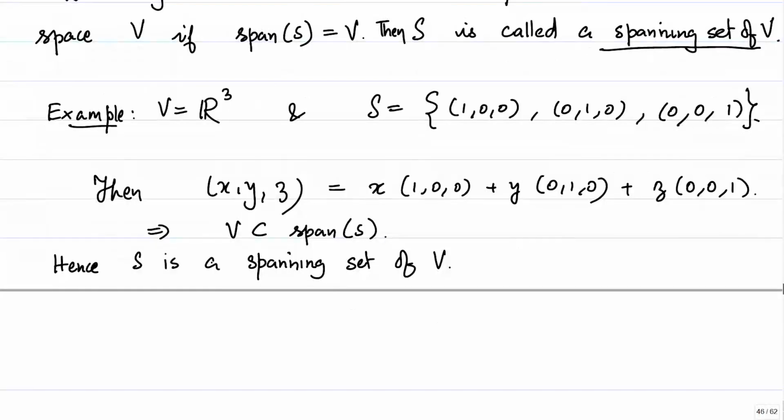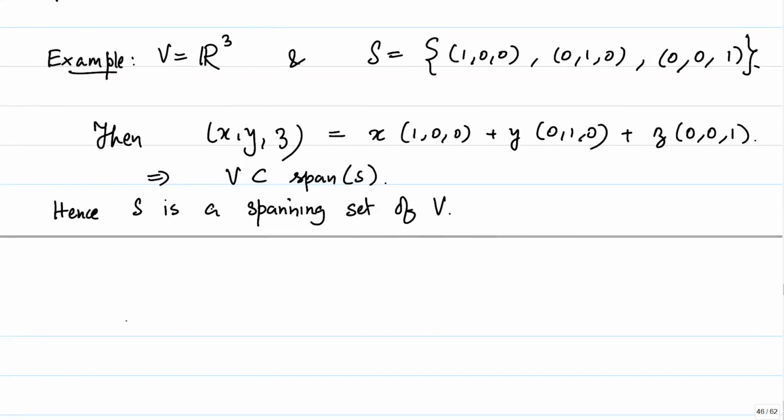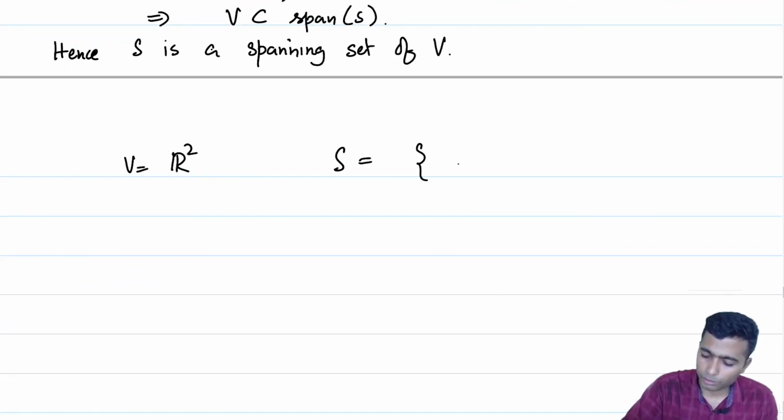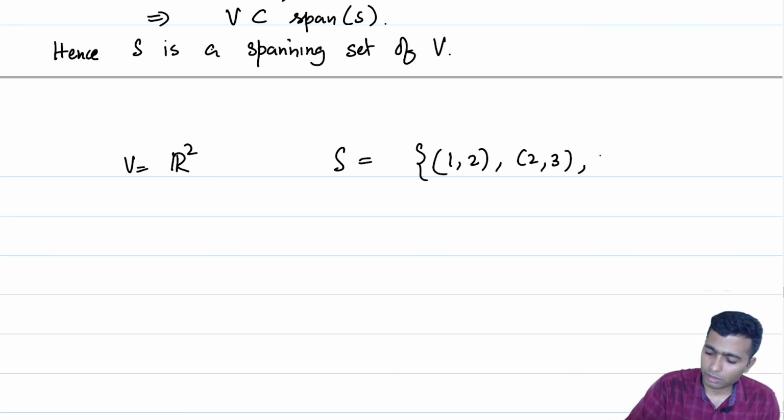Right. Next example. Let's look at V to be equal to, say, R2, and consider S to be equal to (1,2), (2,3), (3,4).